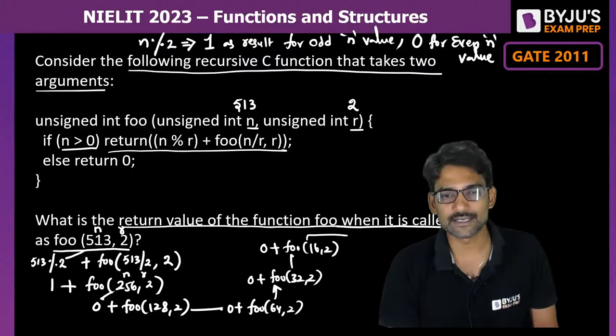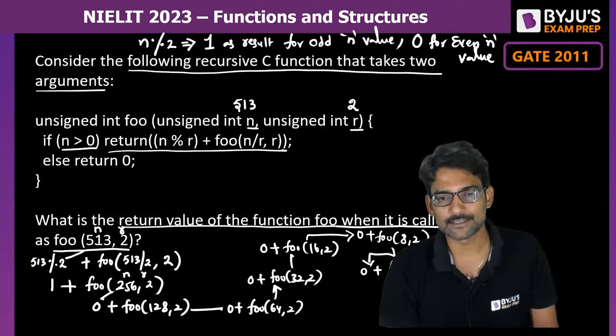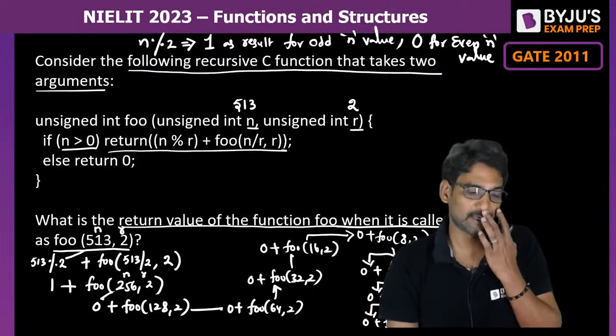And what is 16 comma 2? 0 plus foo of 8 comma 2. 8 is again an even number, so you get 0 plus foo of 4 comma 2. 4 comma 2 will give what? 0 plus foo of 2 comma 2. 2 comma 2 will give 0 plus foo of 1 comma 2. Here 1 is an odd number.